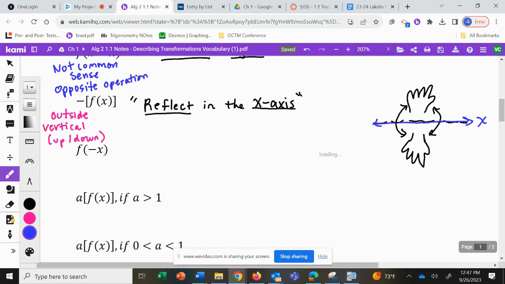Okay, so then our next one is inside. If we have a negative sign on the inside of the function, that's going to be horizontal, which is left and right.